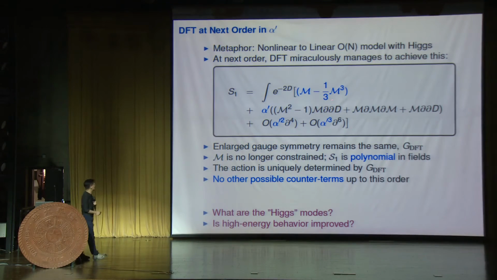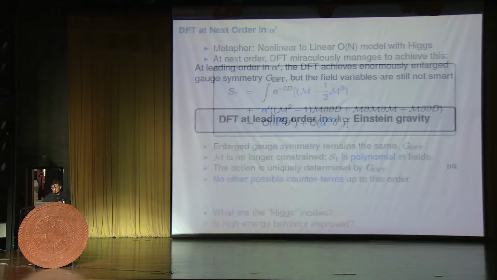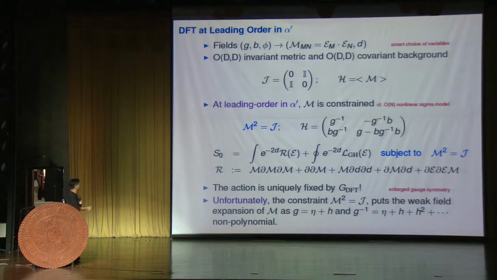The most important thing is that this M, which was constrained to be M squared equal 1 at leading order in alpha prime, is now off-shell. It can be any field. That means that in terms of the original expressions of this H field or M field, this left corner block and right corner block don't need to be related by the inverse relation.